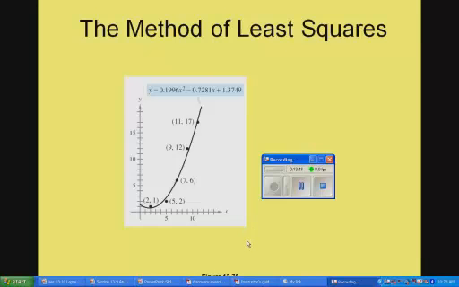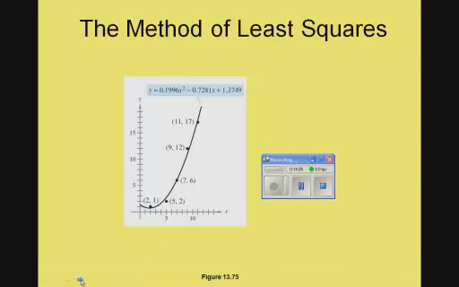And you can do exponential regression with an exponential function. You can do all kinds of various regression equations, and they all are based upon the idea that we're going to show you here in the book.